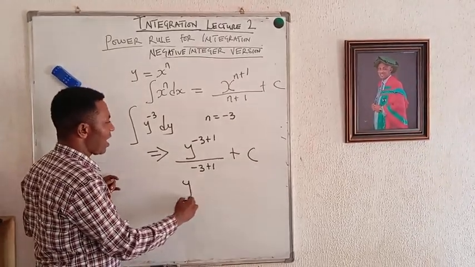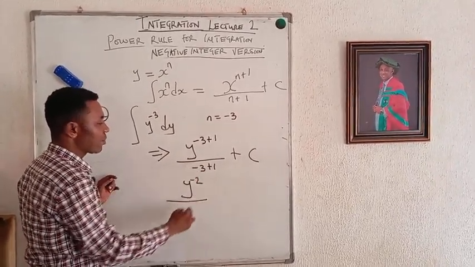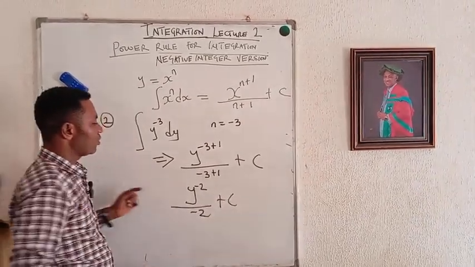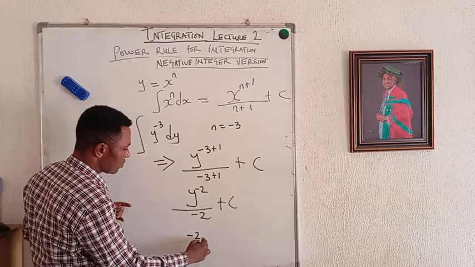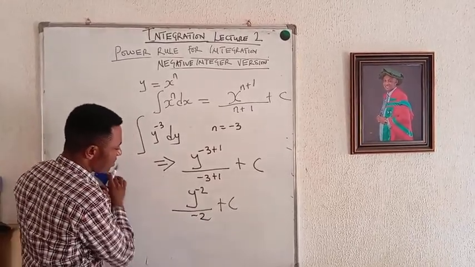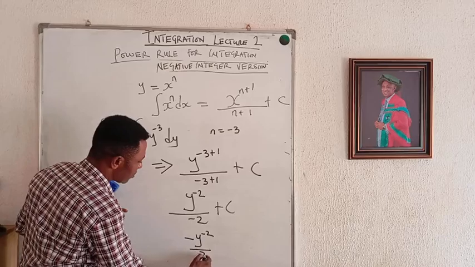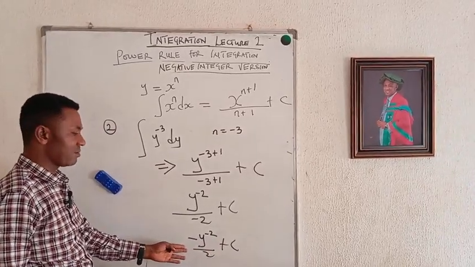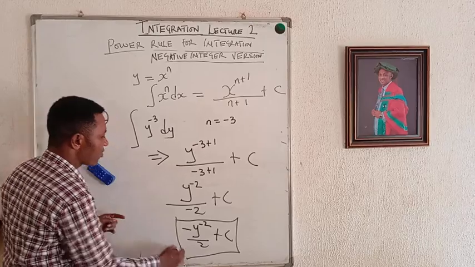So we have y minus 3 plus 1 is minus 2, and minus 3 plus 1 is also minus 2, plus c. We can rewrite this as minus y power minus 2 all over 2 plus c. This is the result. You can decide to leave it this way.